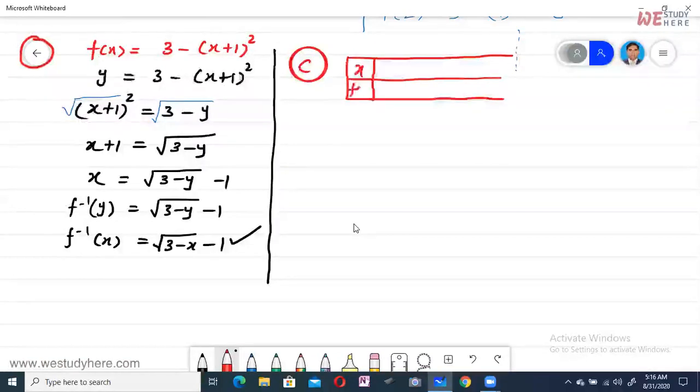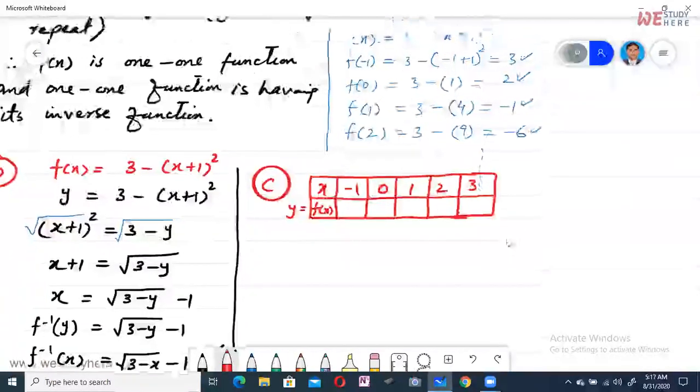X here, f of x, or y. In x there was the domain -1, 0, 1, 2, 3. Then what is f of x? That we already found.